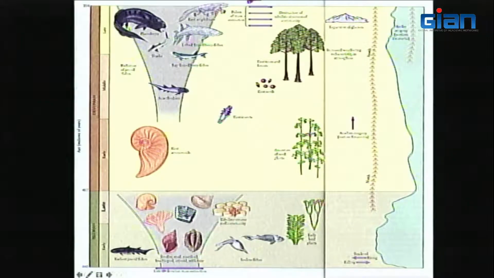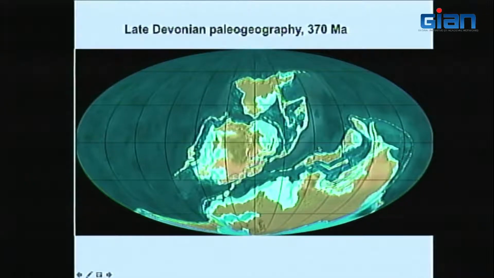And there is this mass extinction occurring in the late Devonian. And the top of the Devonian, beginning of Carboniferous, will be marked by probably a huge ice age, as I said.